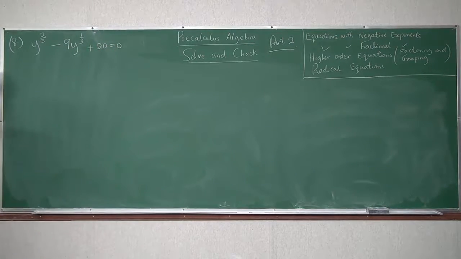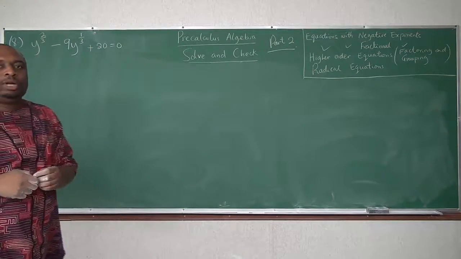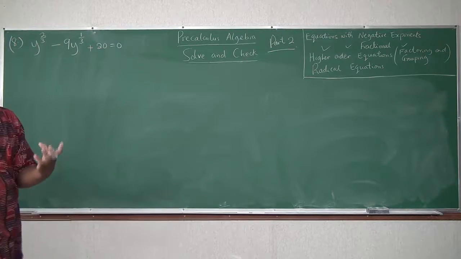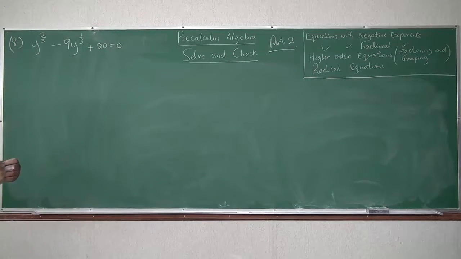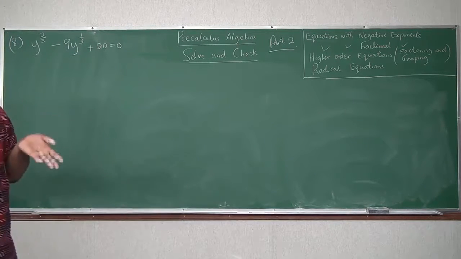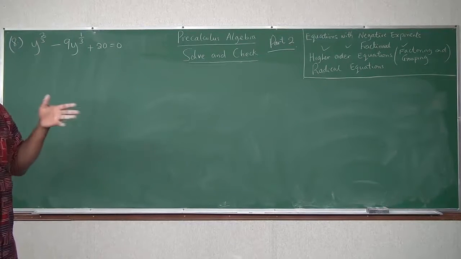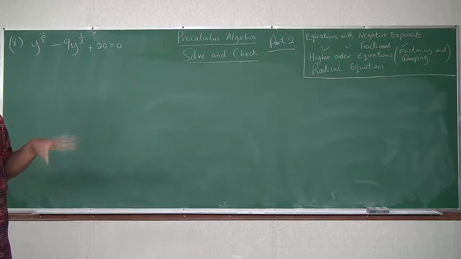Like we said in part 1, where we solved some fractional equations, you want to simplify this by doing a substitution, using the simplest form. 1 over 3 is the simplest form. Every other one can be expressed in 1 over 3.